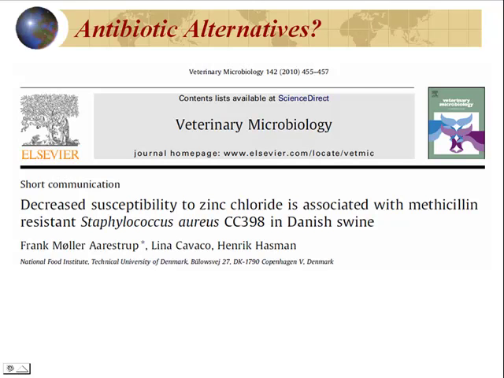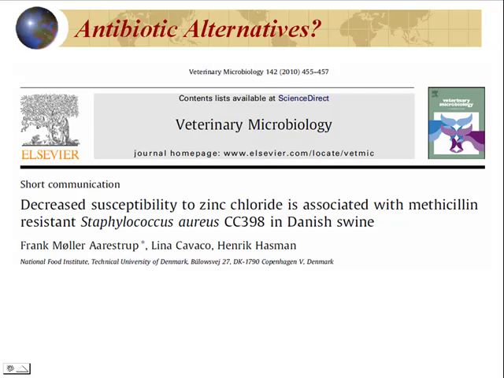What they found was that a lot of these MRSAs of this type, this 398, were resistant to tetracycline. So the Danes proposed it must be the use of chlortetracycline in the feed, and they went about doing a variety of studies to prove that.